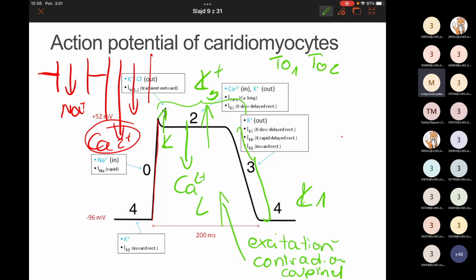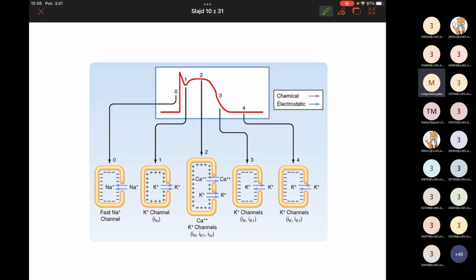And it is obvious that at the beginning of fast depolarization, so over here, we observe a closing of K1 potassium channels by the sodium influx into the cell, and then they reopen again at the end of the repolarization, so phase 3.